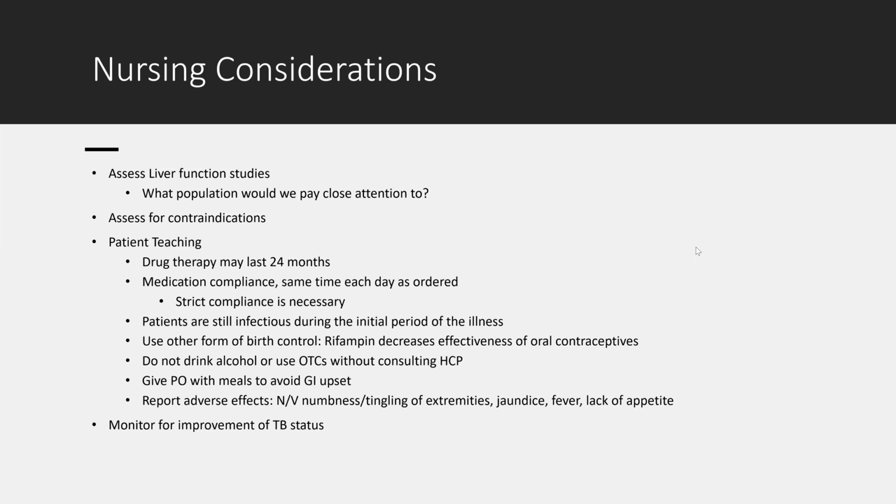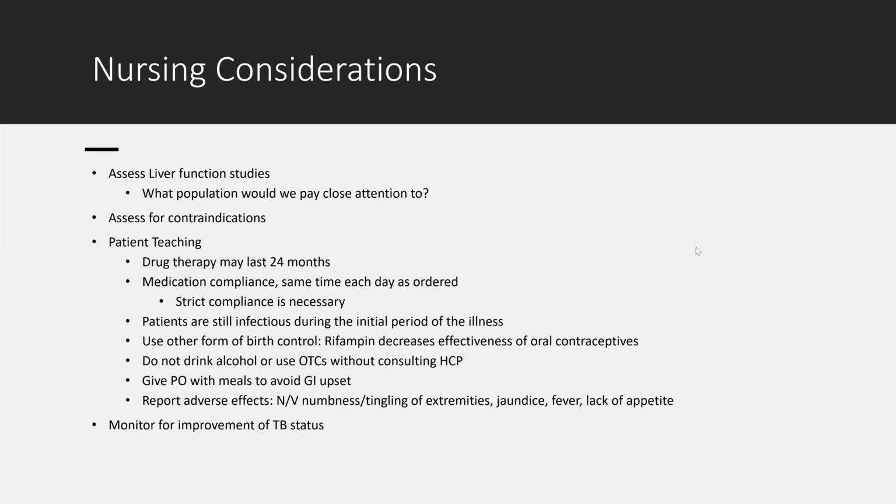Medication compliance is necessary. It's going to be a strict compliance. You want to take that medication at the same time each day as ordered by the physician. Patients are still infectious during the initial period of the illness. And then specifically with the rifampin, again, you're going to use another form of birth control.